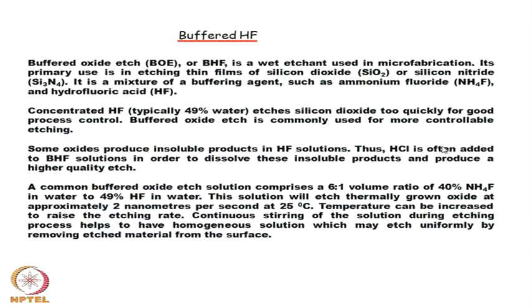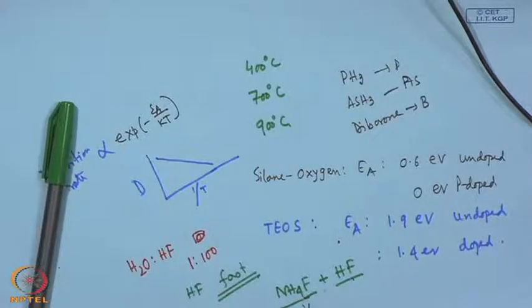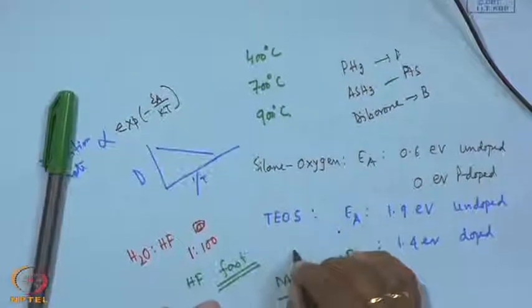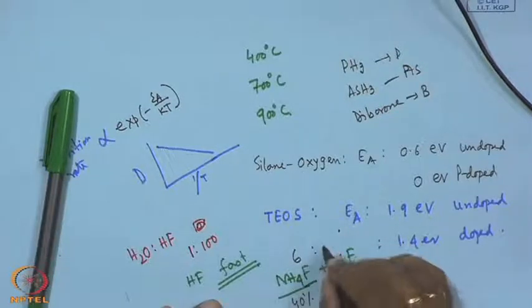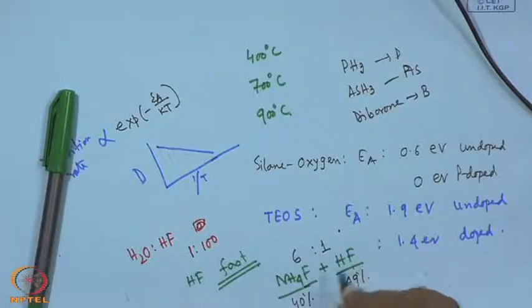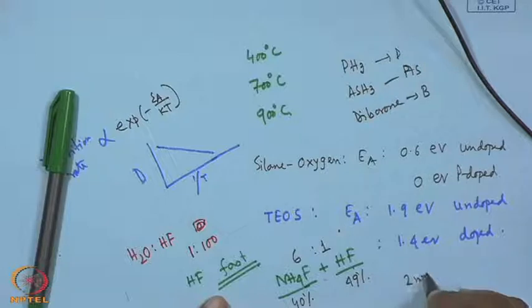So, that means one can take 40% NH4F in water and 49% HF in water, and then 6:1 volume, that means 6 ml of NH4F with 1 ml of HF, and this solution will etch thermally grown oxide at approximately 2 nanometers per second at 25 degrees centigrade.